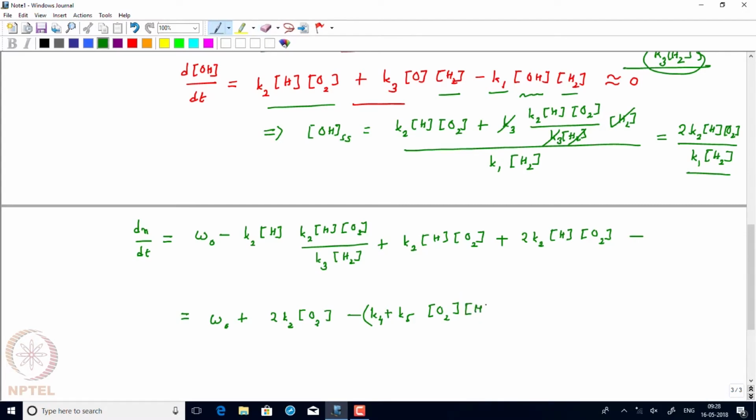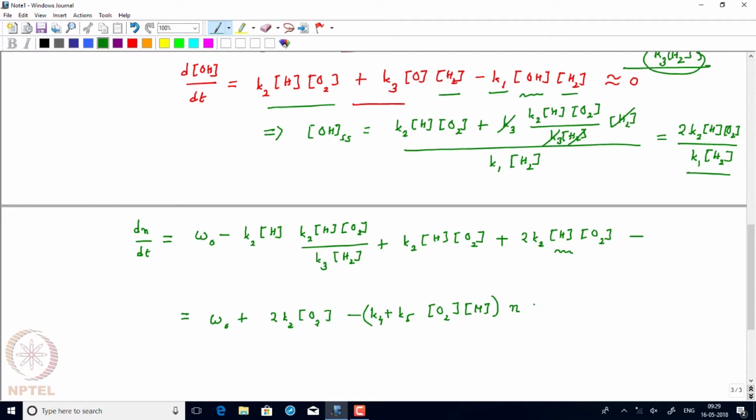We'll give you a handout where we'll show you all the steps. To save time, I'm not going through all these steps, but you can practice it and see whether this final expression comes out, because it's pretty straightforward. And then we'll have H2 here, and instead of H2 we are just writing the H concentration as N. So this is this term, twice K2HO2, those terms, so instead of H I wrote N here.